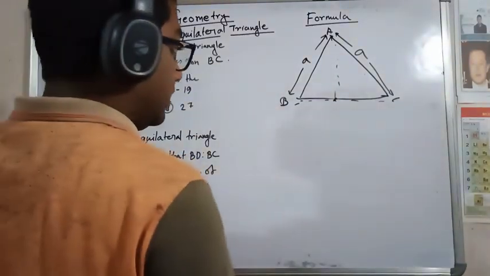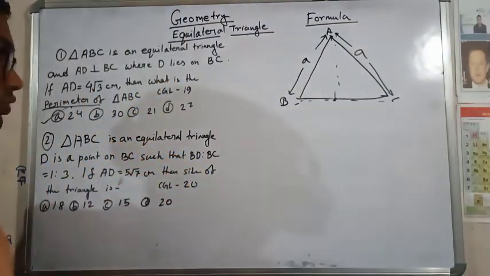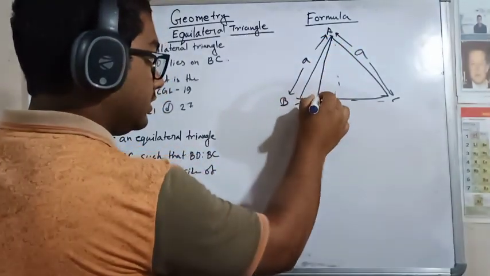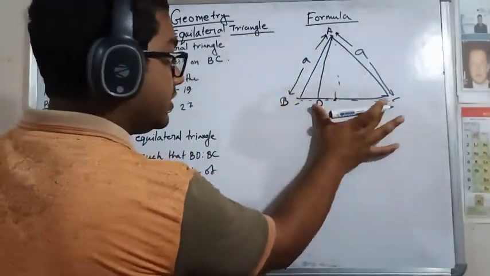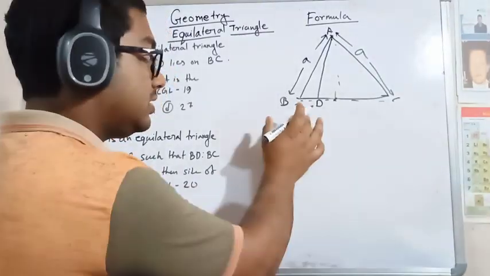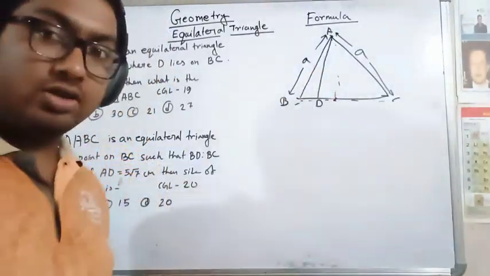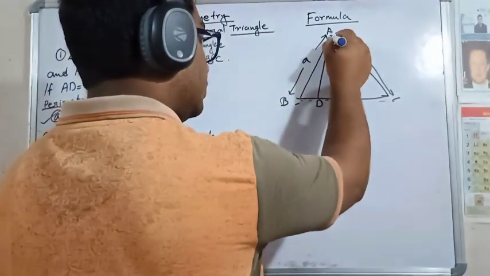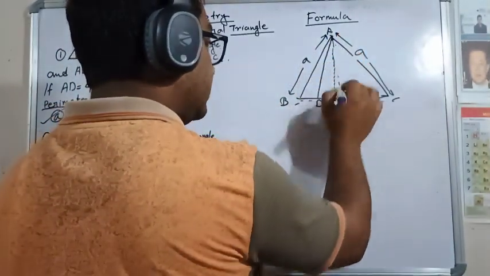In this question, we don't take D as the foot of the perpendicular. If we take this side, then BD and BC will be in ratio 1 is to 3. That means AD is not the height of this triangle, and we need to draw the height.